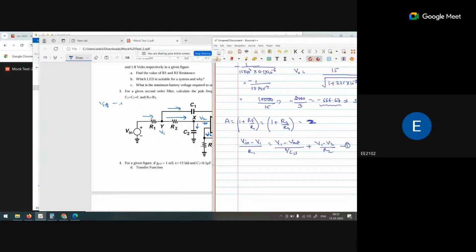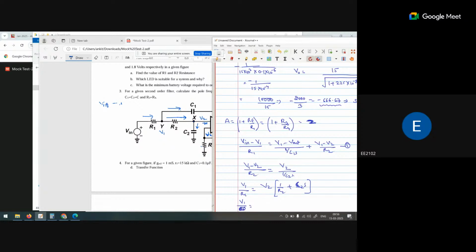The second equation is V1 minus V2 upon R2 is equal to V2 upon 1 by C2s. So V1 by R1 is equal to V2. I take this side, so 1 upon R2 plus C2s.